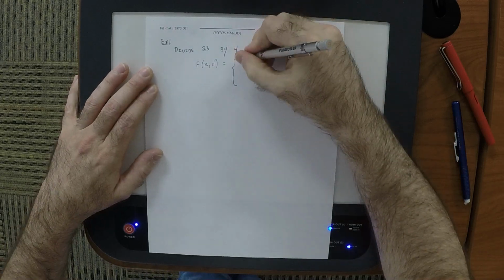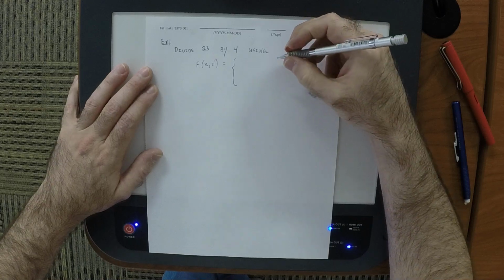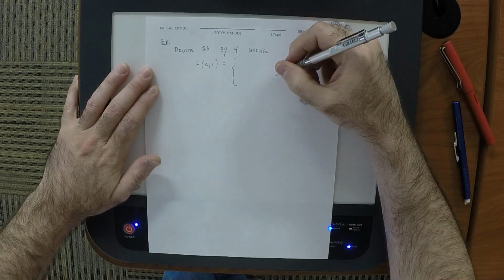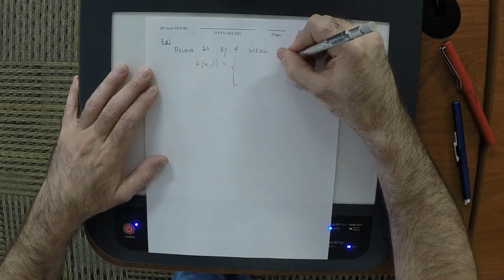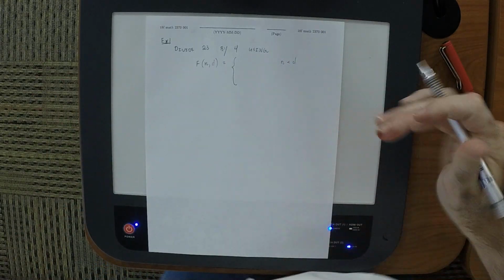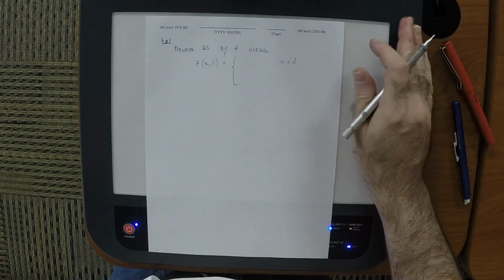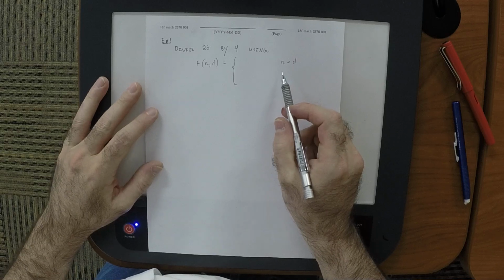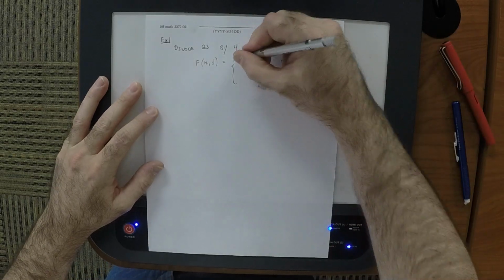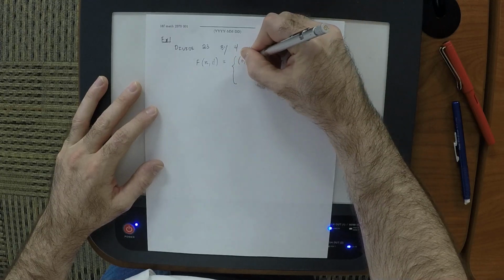in this case, let's consider. So when n is less than d, like if I handed you a pile of 2 M&Ms and I said make groups of size 4, how many groups could you make? 0. So the answer would be 0 and n.